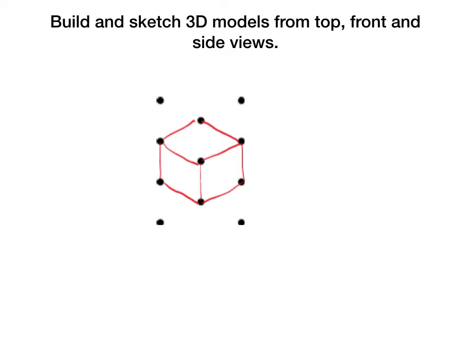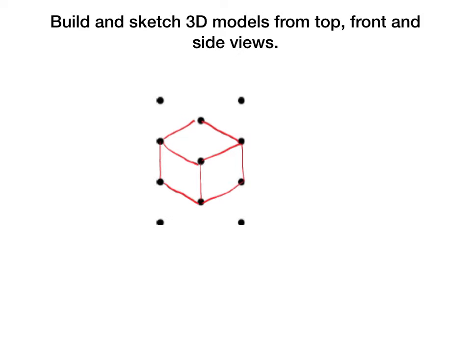So if we were drawing a 3D model of just 1 block, we draw the front view like this, and then we would add depth lines and then join those depth lines together. So we would draw a depth line from each corner of the face of our cube and then join those depth lines, and that would create our 3D image.